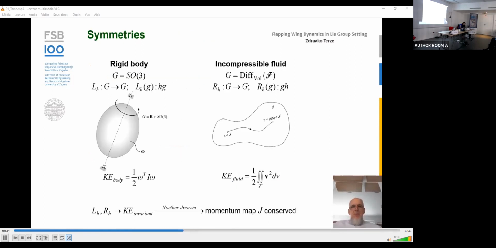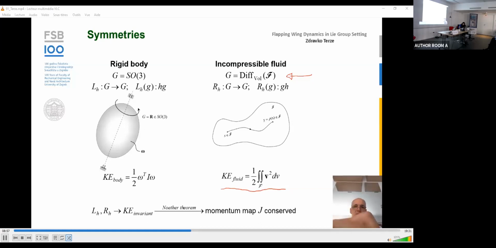Let's introduce symmetry that we will be using in our reduced order modeling. We have already introduced right invariance of Eulerian description for fluid. This means that kinetic energy of fluid will not be changed if we act from the right with volume-preserving diffeomorphism Lie group.